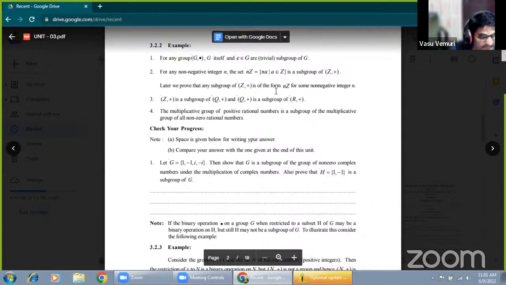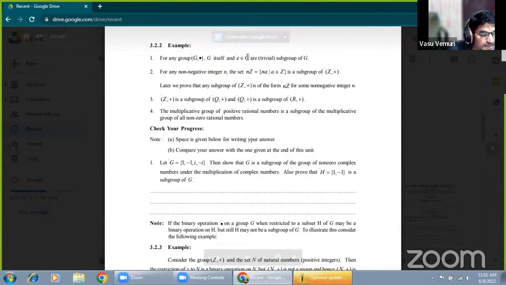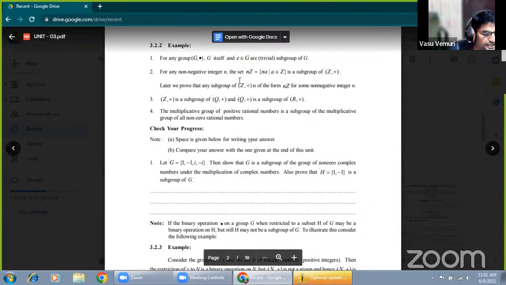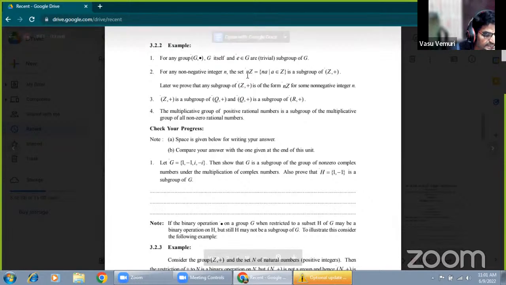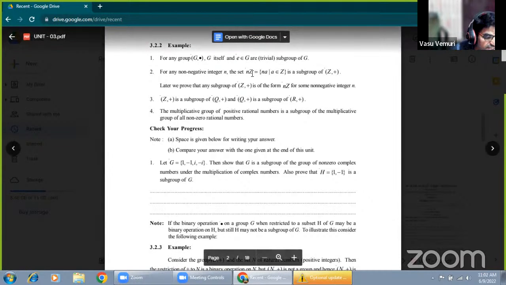Okay. Second example, here n is multiplied with the integers, n being any non-negative integer, and the multiples of the integers are denoted by nZ, the set of na, where a is any one of the integers, that is, a belongs to Z. Therefore, the set nZ is the set of na, such that a is any integer.